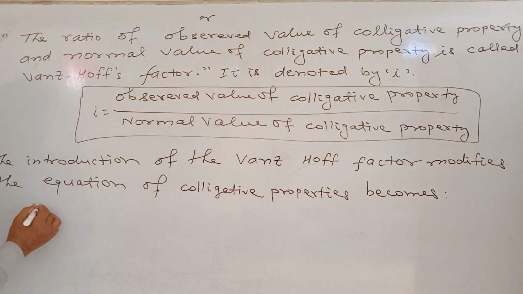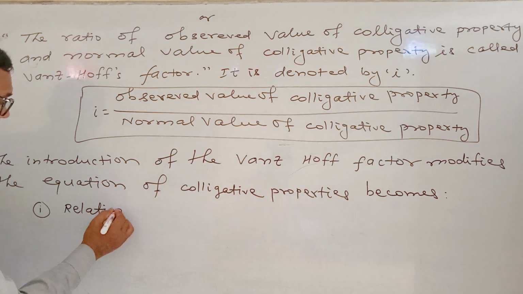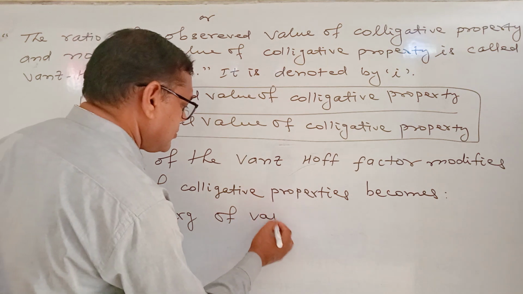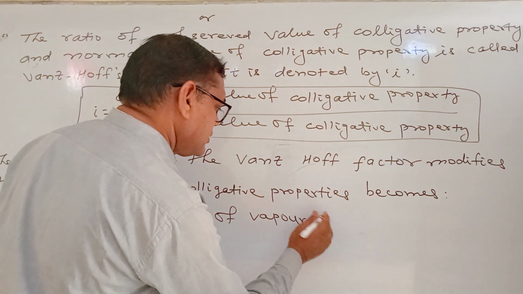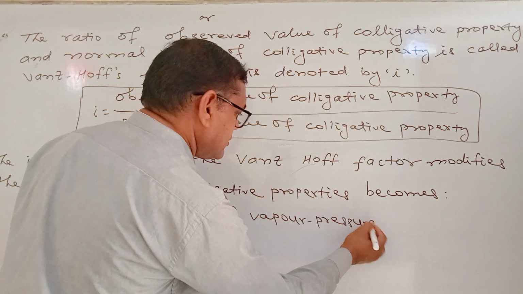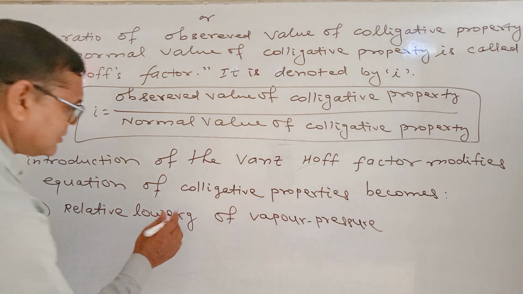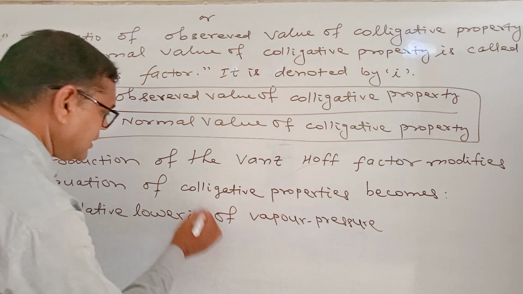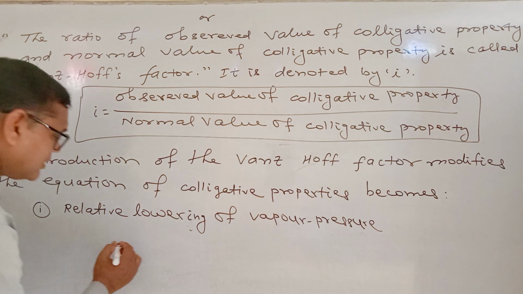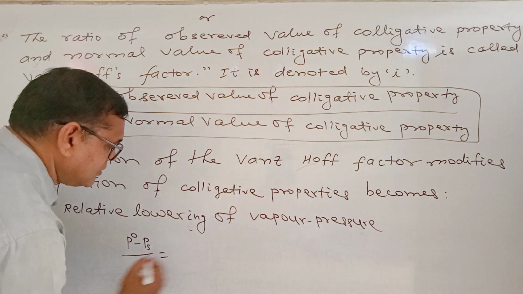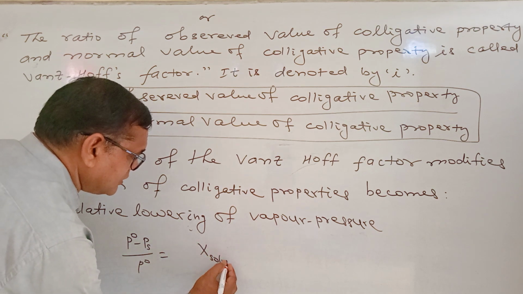Here we write relative lowering of vapor pressure. We know that the formula of relative lowering of vapor pressure is P naught minus Ps by P naught is equal to X solute.